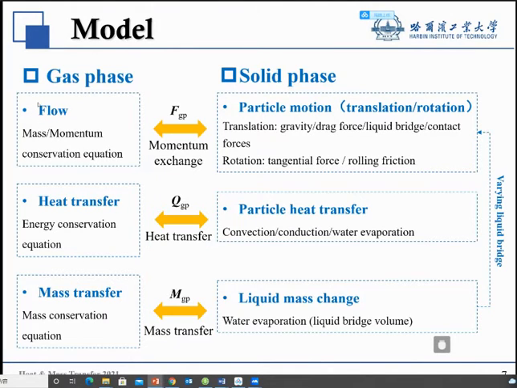And for the flow behaviors, for the gas phase, we should consider the mass and momentum conservation equations. And for the heat transfer, we should consider the heat conservation equation. And similarly, the mass conservation equation should also be considered. And for the solid phase, we can have a look here.